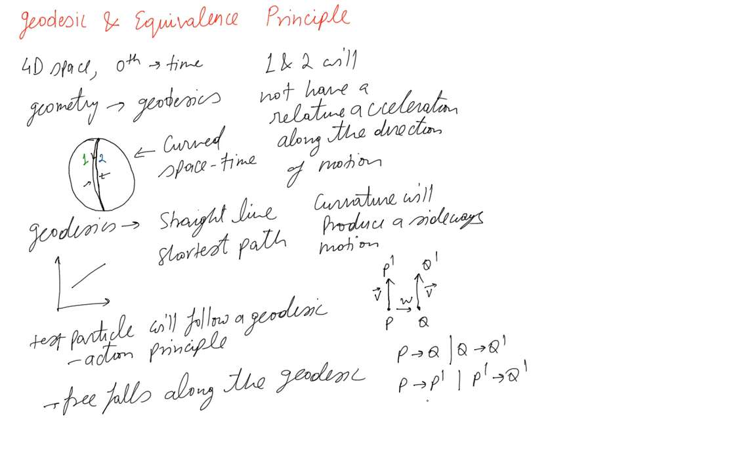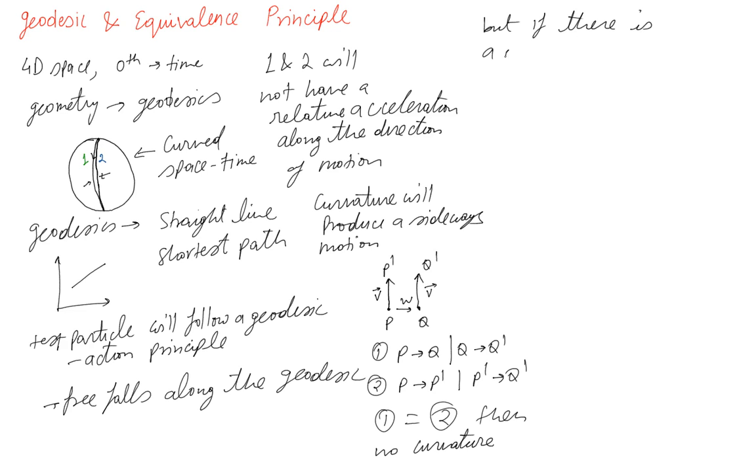If the two vectors, vector 1 and vector 2, are obtained by parallel transports, then if they are the same, which means if 1 equals 2, then there is no curvature. But if there is a difference, then curvature is present.